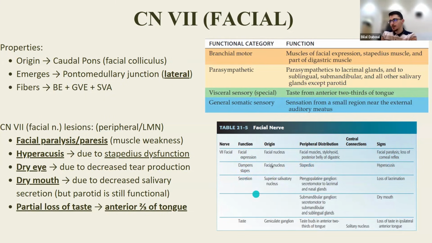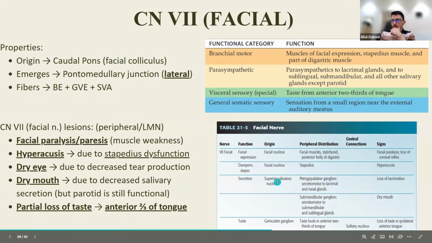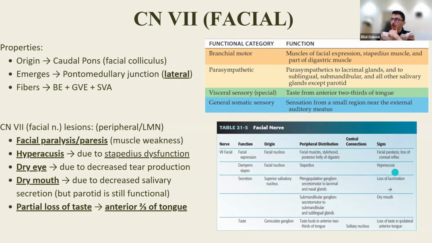In terms of secretion, you would have decreased salivary secretion. And of course, the parasympathetic nucleus of the facial nerve is the superior salivatory nucleus. The parasympathetic nucleus of the glossopharyngeal is the inferior salivatory nucleus. So secondary to a facial nerve lesion, I would expect decreased secretion by both the submandibular sublingual glands and also the lacrimal glands.